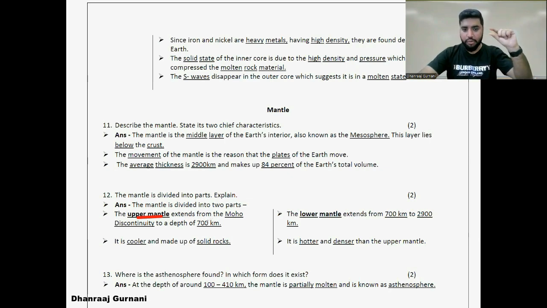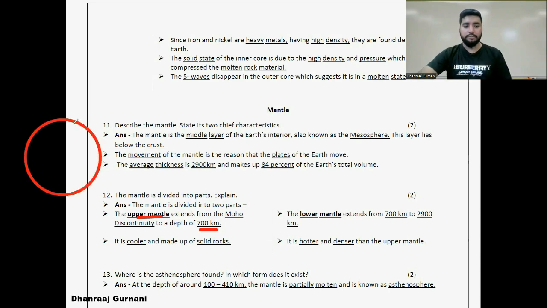It starts from the Moho discontinuity up to a depth of 700 kilometers. And from 700 kilometers to 2,900 kilometers down is the lower mantle.